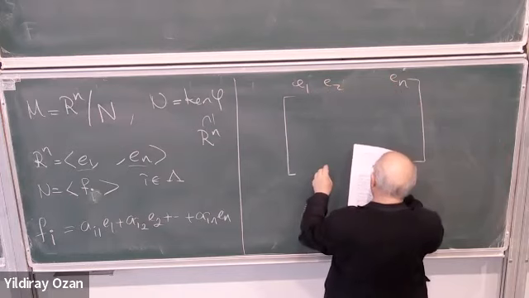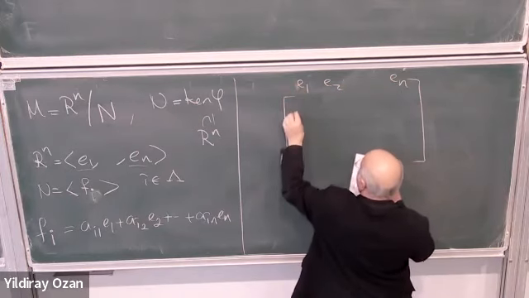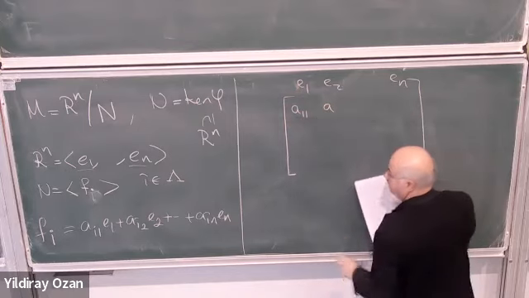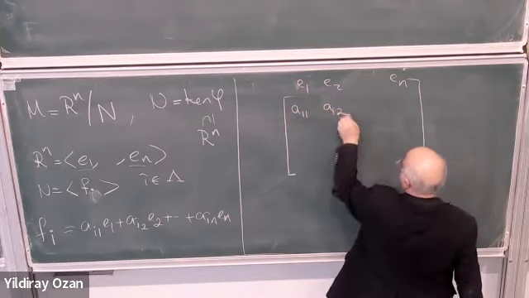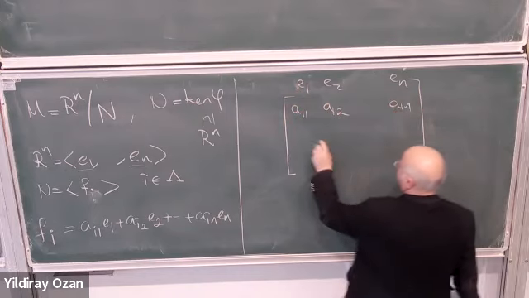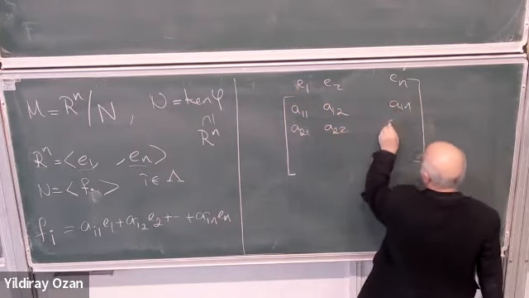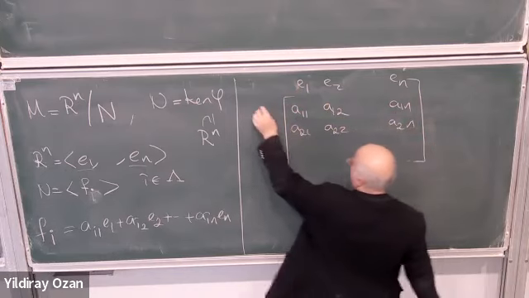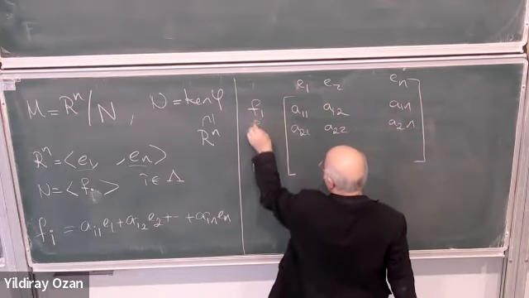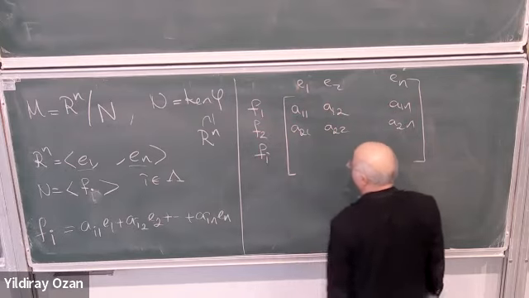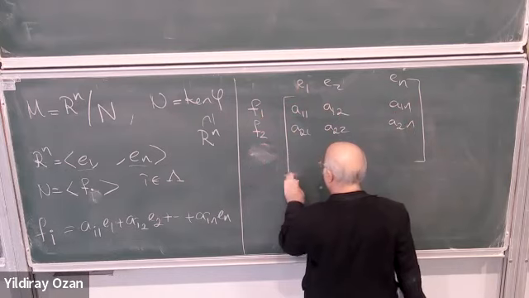And so here I have, let's say, A11, A12, A1n, A21, A22, A2n. So this corresponds to, let's say, F1, F2, and here I have Fi somewhere.